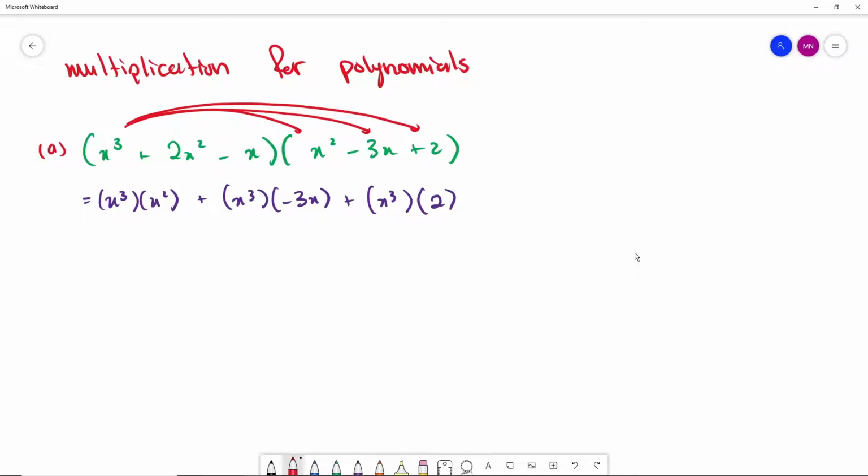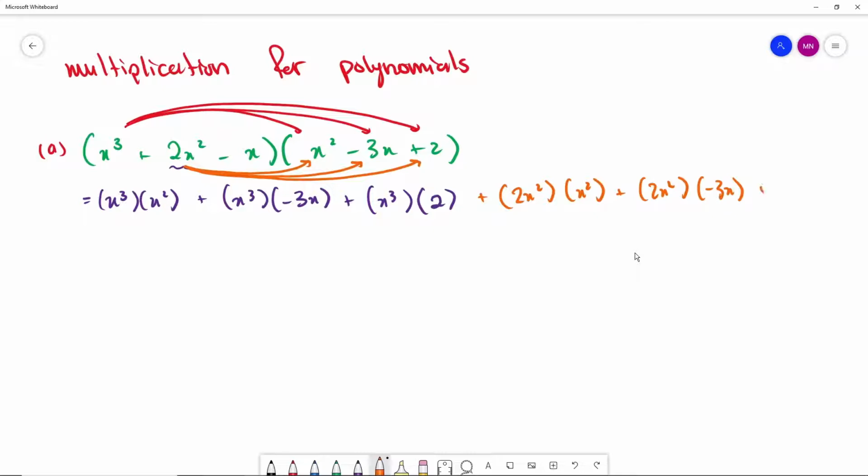Next we go for the second term, the 2x squared. We multiply this 2x squared with each of the terms in the second bracket. So we have plus 2x squared times x squared, plus 2x squared times negative 3x, and plus another one, 2x squared multiplied with 2.